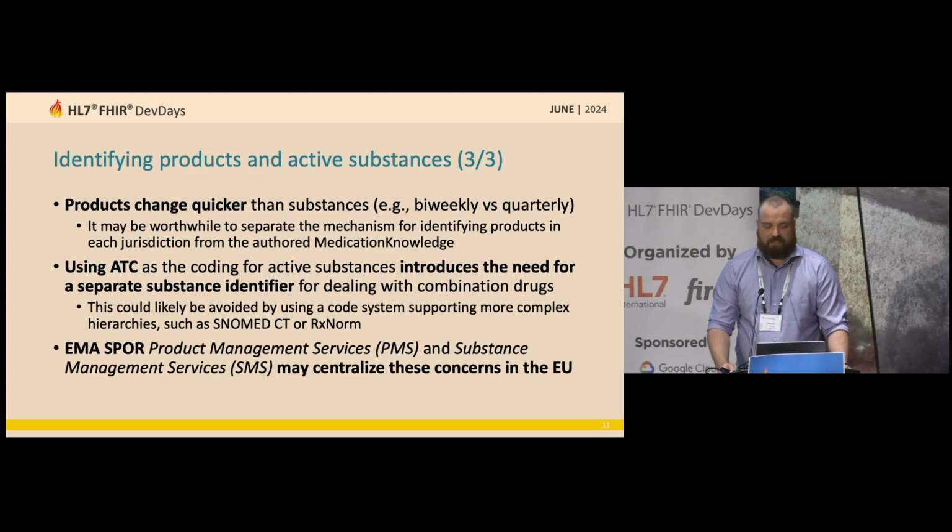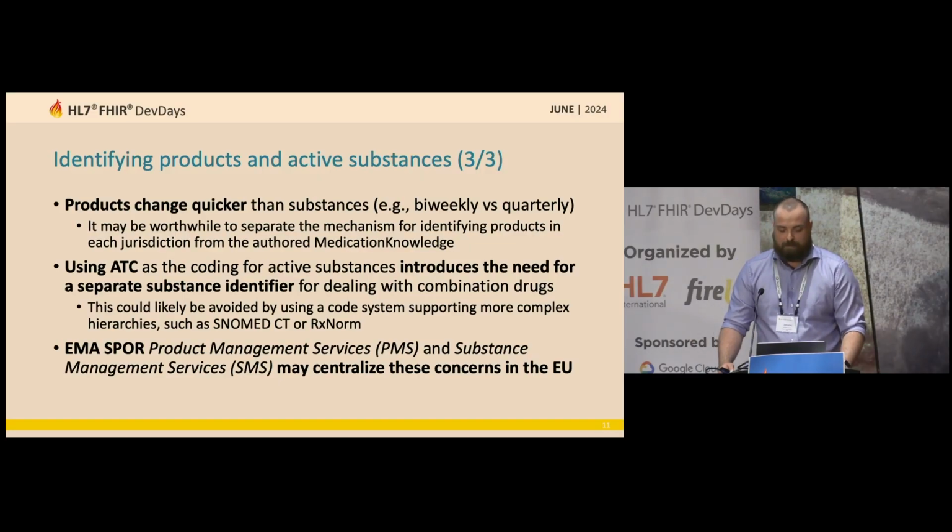Especially in Europe, there's this UNICOM project going on, and relating to that, for example, the European Medicines Agency has this SPOR project for various kinds of data management services, particularly the product management service and substance management service, which might end up becoming the canonical master data for these identifying concerns, at least in the European Union.